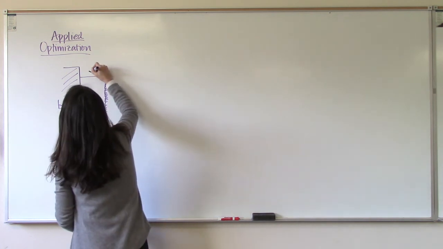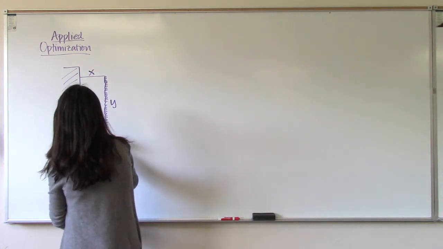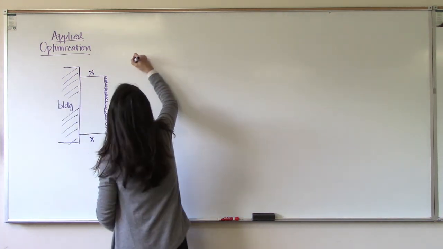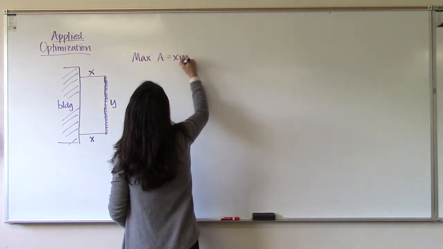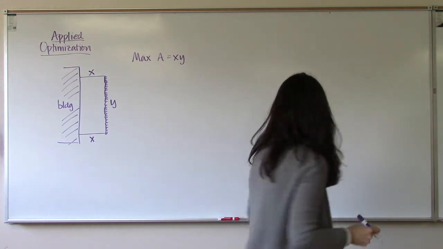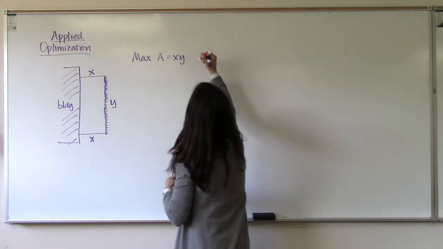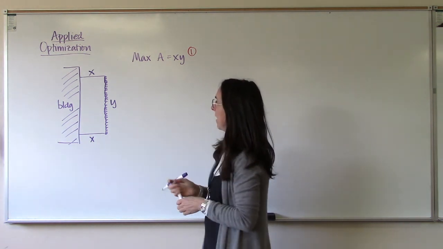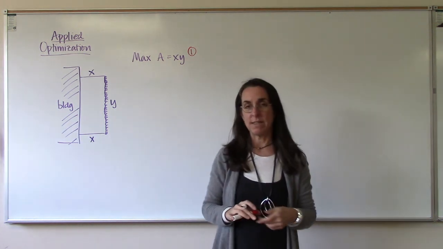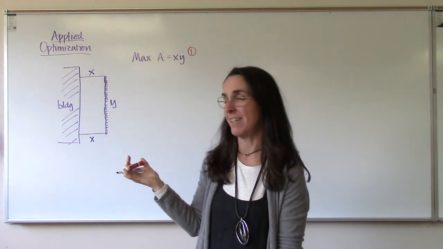So I'm still going to call this X, and I'm still going to call this Y. I want to maximize the area, and then what's my constraint? My constraint is that I'm not a millionaire.